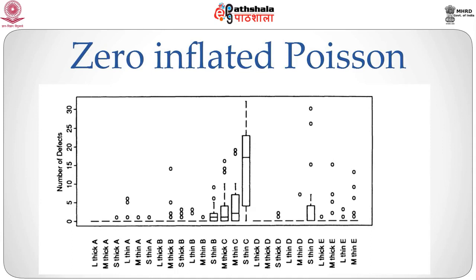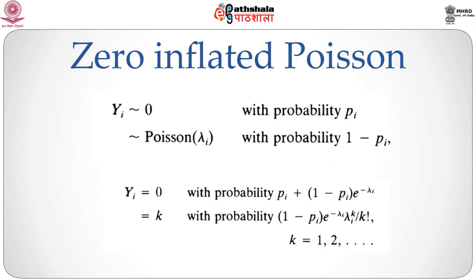Lambert looks at some likelihood-based means of modeling this data. So the zero inflated Poisson regression model assumes that we have responses y equal to y1, y2, ..., yn, say, which are independent, such that yi equals 0 with probability pi, and it follows Poisson(lambda i) with probability 1 minus pi.